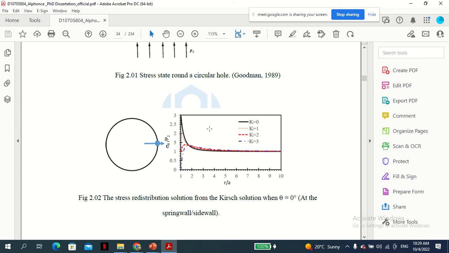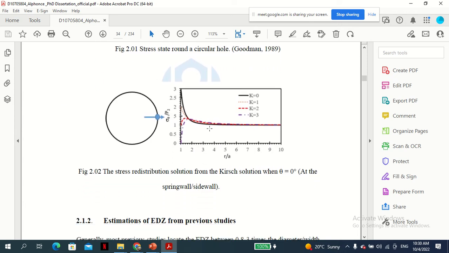And the solution, what I wanted to explain most importantly. At the crown or the invert, these are how the curves go, and we are interested in the r over a. Here the value of r over a is 2, not 1. Sorry, I think I misrepresented. So this is 2 for this case, and for different values of k, I'll explain what those mean.